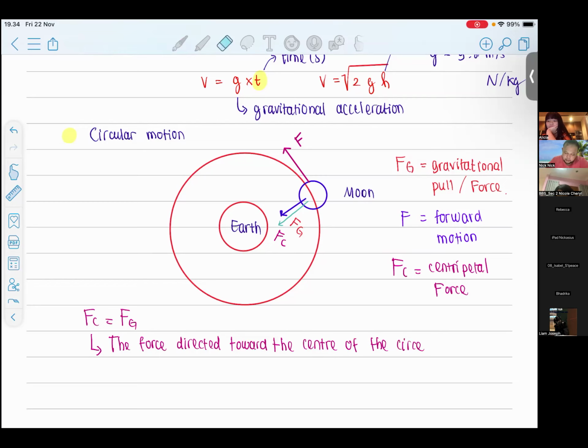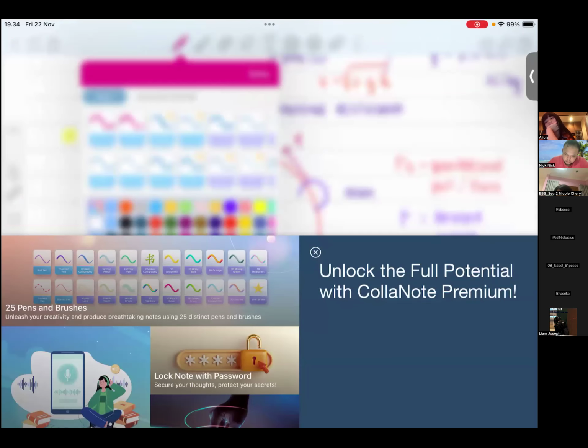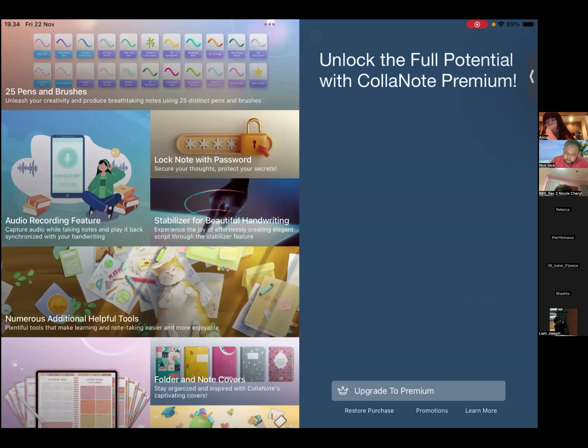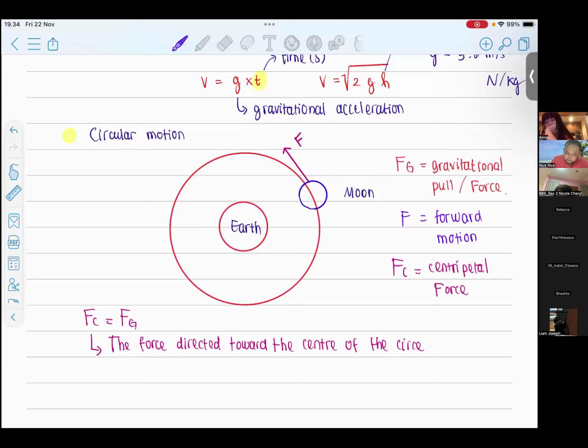Now, I will erase this. So the gravitational pull is the centripetal force. Okay.